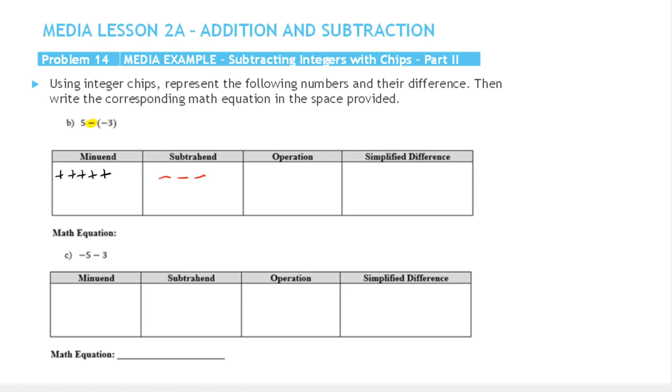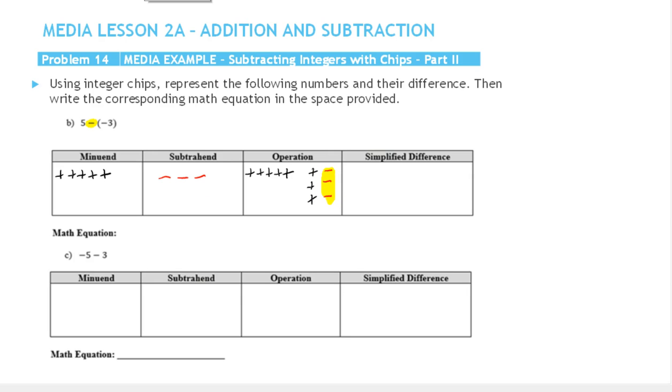So now let's represent that on paper. So we had 1, 2, 3, 4, 5 positive chips. We added 3 positive negative pairs. And then we took away the 3 negative chips.